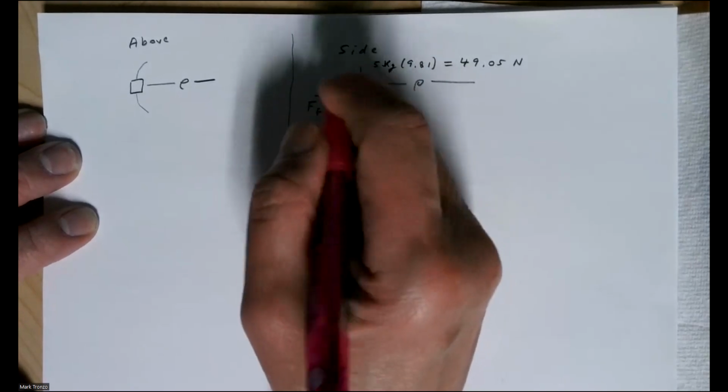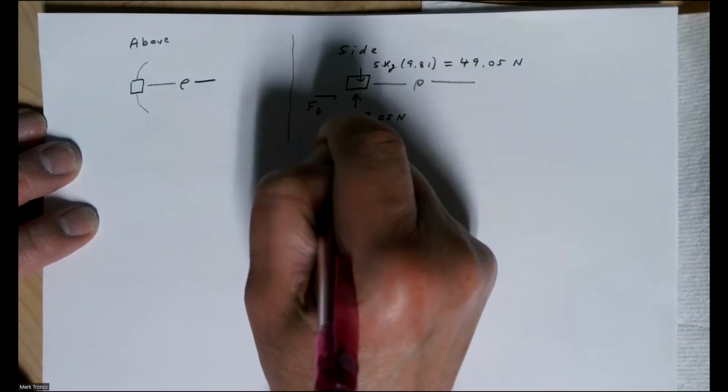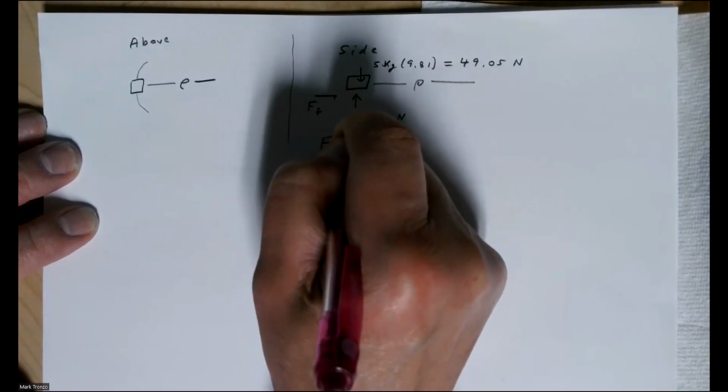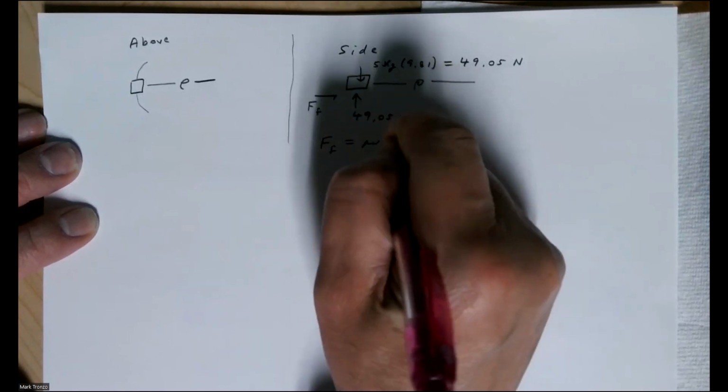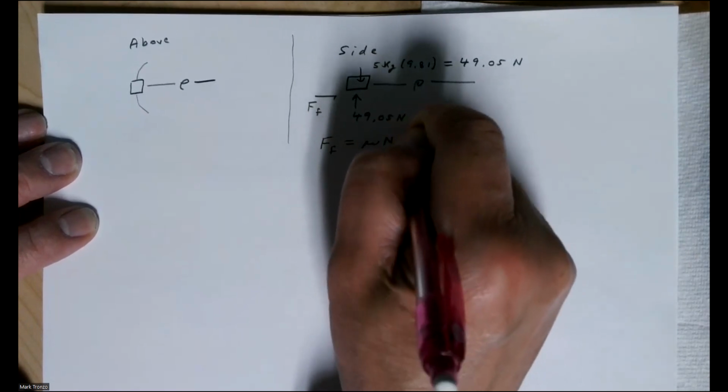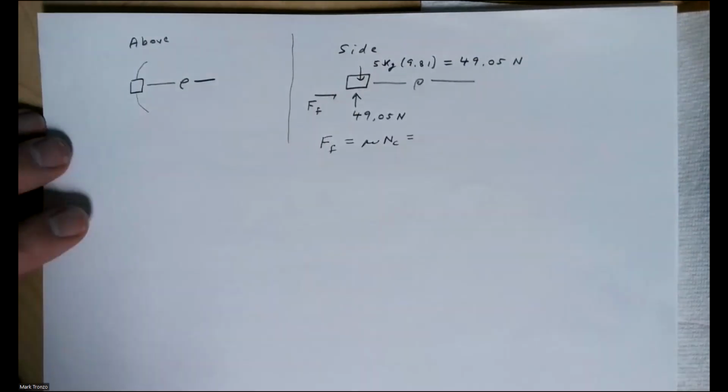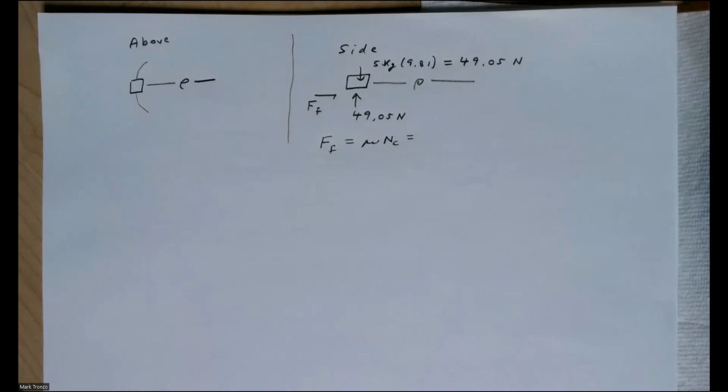And now one thing, let's note here, the friction, of course, is going to be mu times this normal. Now they gave us mu for the two cases, the static and the kinetic friction, but actually the box is not sliding along the conveyor.